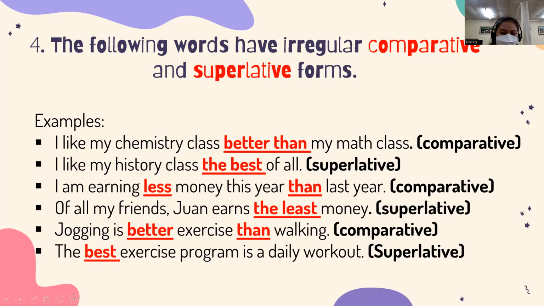I am earning less money this year than last year. Of all my friends, Jen earns the least money. Jumping is better exercise than walking. The best exercise program is a daily workout.